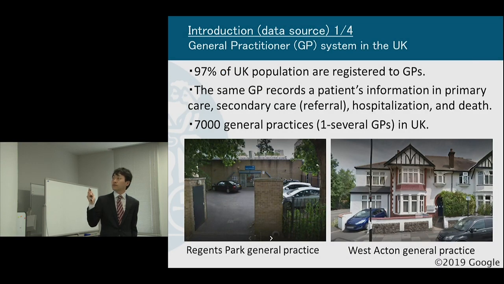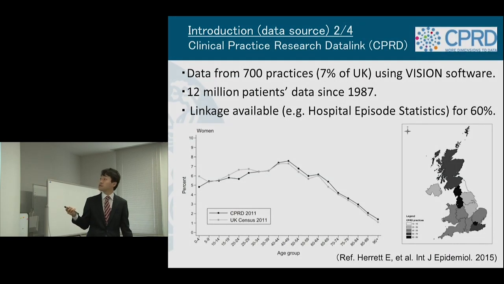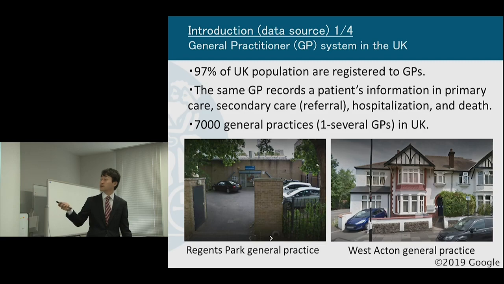Okay, so for the coming 4 slides, let me briefly introduce what is UK primary care database. So in the UK, there is a primary care gatekeeper system, or GP system, in which almost all people living in the UK are required to be registered to GPs to receive universal health care for free, as I did during my PhD, staying in London.